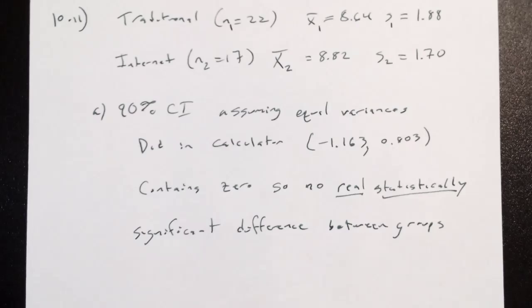But what do I do if I don't know that the variances are equal?